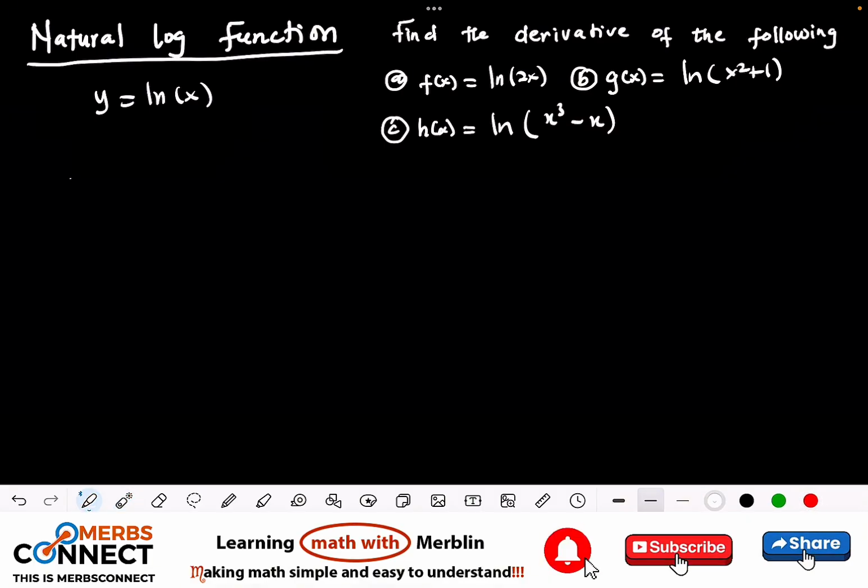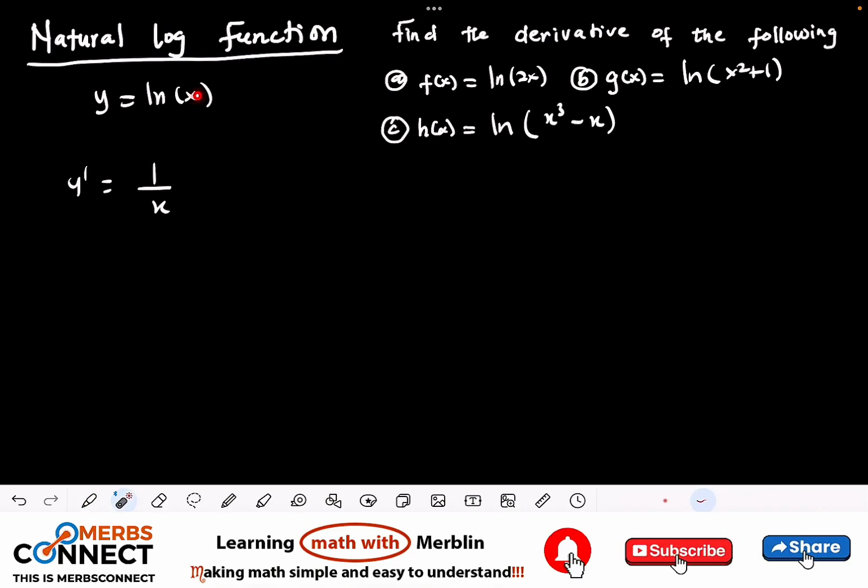Now, let's go through how to differentiate a ln function, right? So y prime is equal to, here is the general way of differentiating a ln function. So mostly when I see a ln function, I try to put my function in parentheses because of the way I say it. So I'm saying that when you want to differentiate a ln function, 1 divided by what is inside the parentheses.